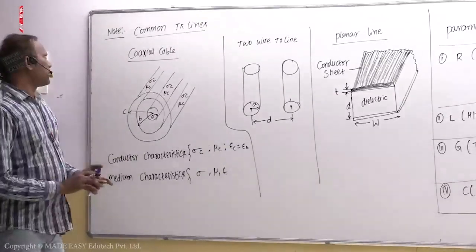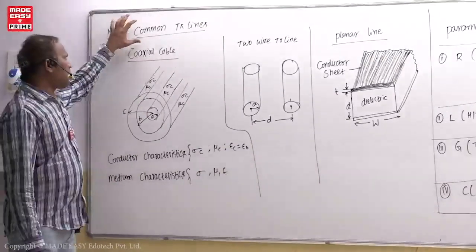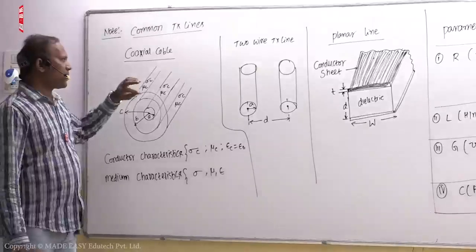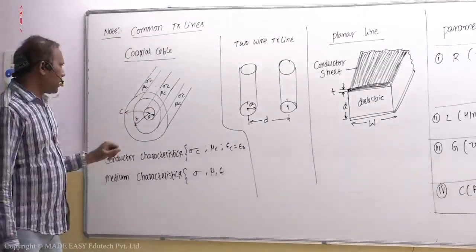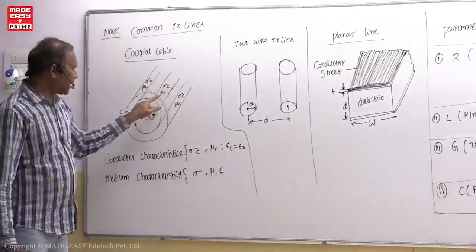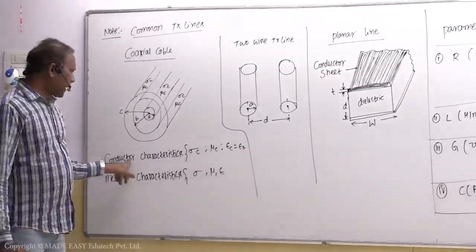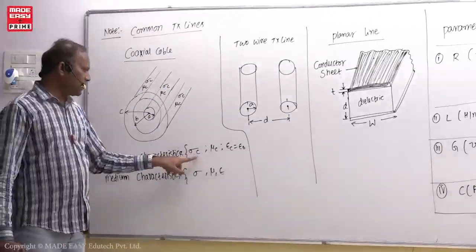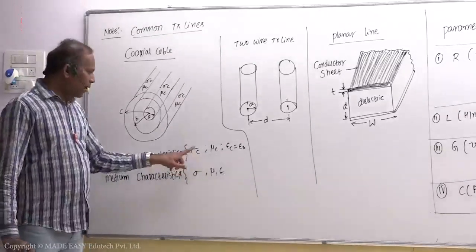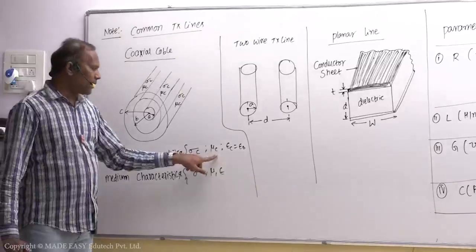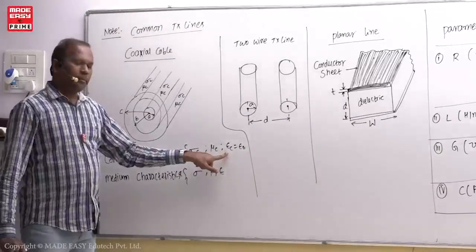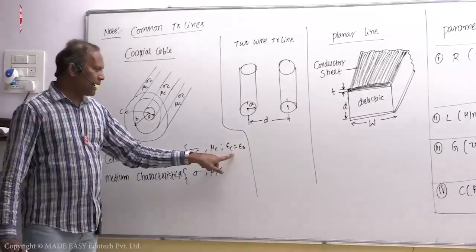So dear friends, in general, common transmission lines means the transmission lines which we use, such as coaxial cable. Coaxial cable means the central conductor. Here are the conductor characteristics: sigma C means the conductivity of the conductor, mu is the permeability of the conductor, and epsilon is the permittivity of the conductor.